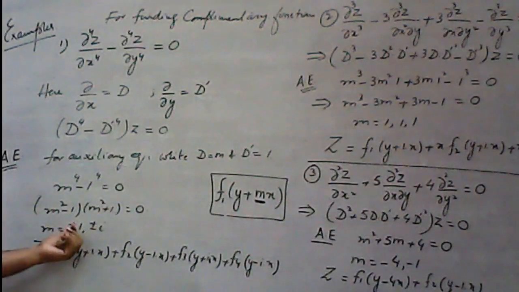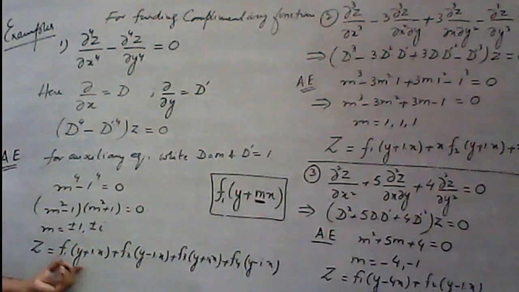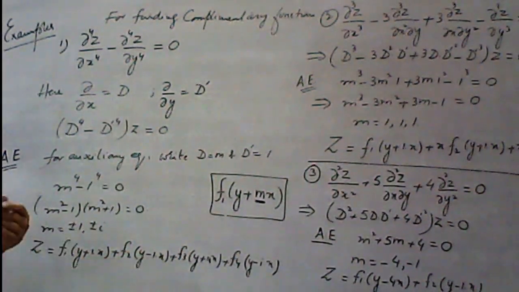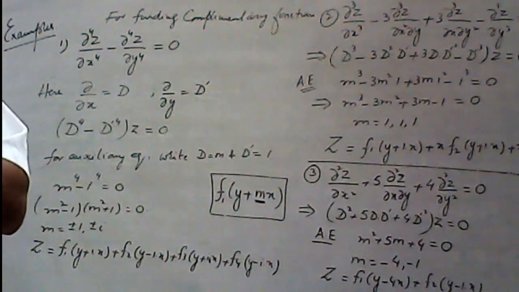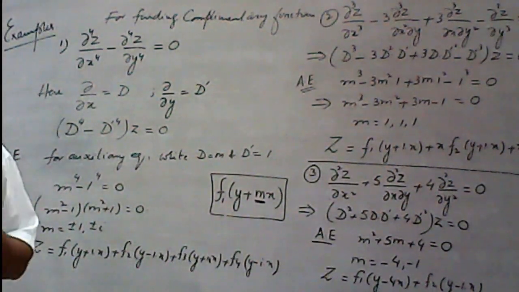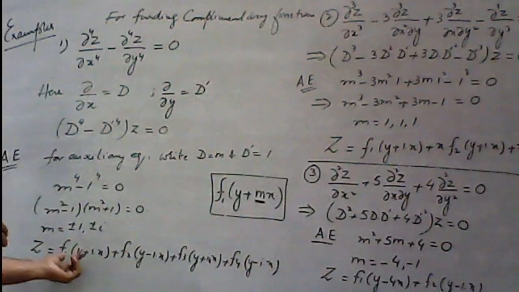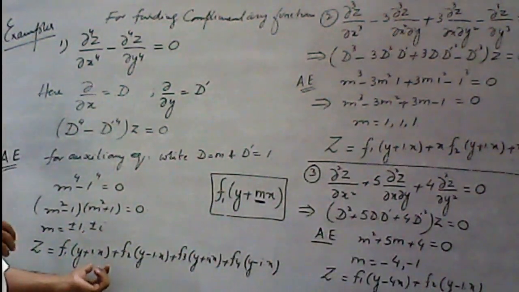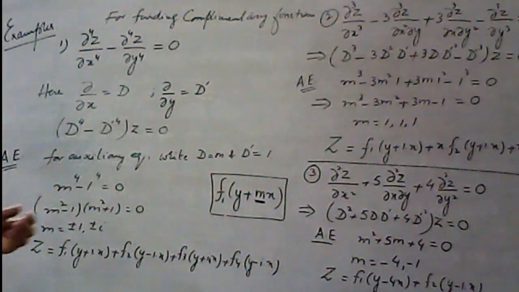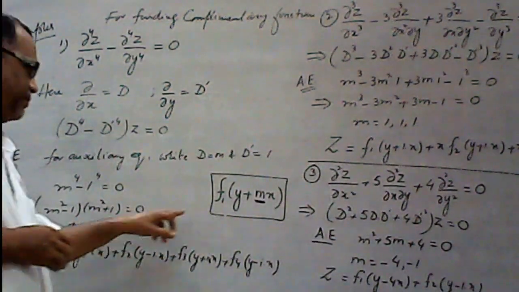If you have real and distinct roots or complex roots, then you just need to write in this way. As we said in higher order ODEs, we need to assign as many constants as the number of roots. But remember that in PDEs we represent the constants by f.